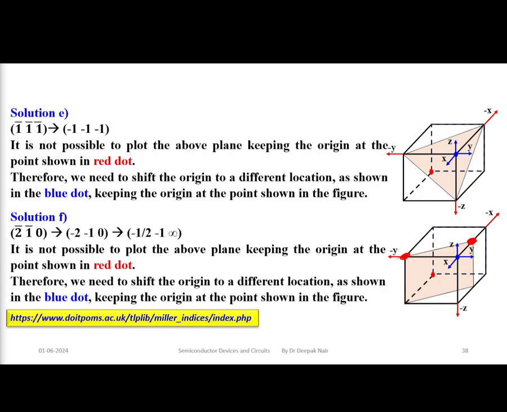No, it is not touching the z-axis. So here we have the plane which is touching the x-axis at -1 by 2, the y-axis at -1, sorry, and it is not touching the z-axis. So here the plane is represented.